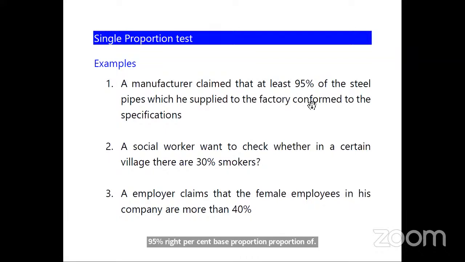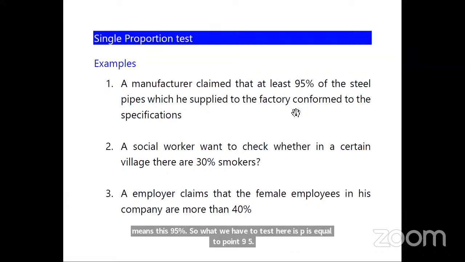Conforming to the specification means the pipes are made according to whatever specifications are there. So his claim is that 95% of the pipes he supplies are according to the specifications. So this proportion means this 95%, and what we have to test here is P is equal to 0.95, right?